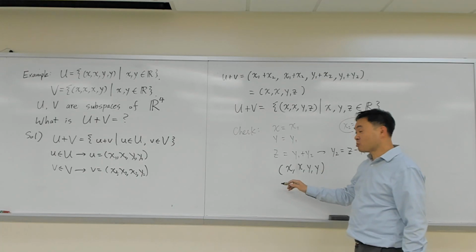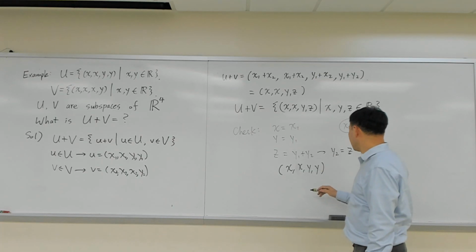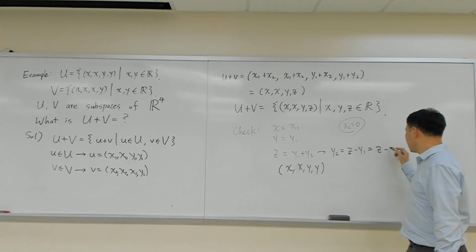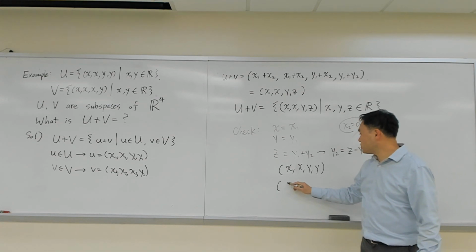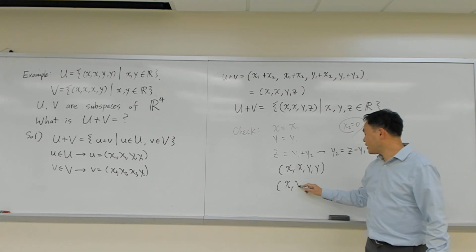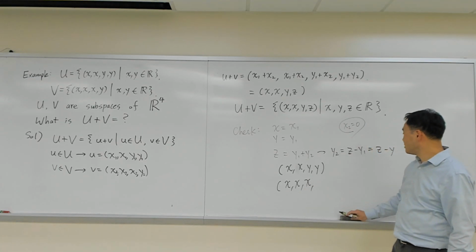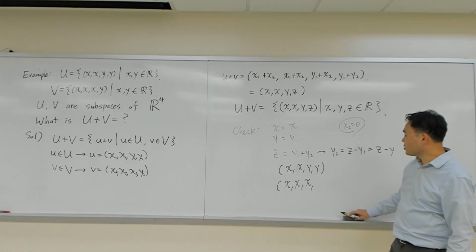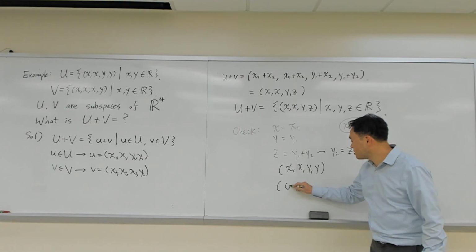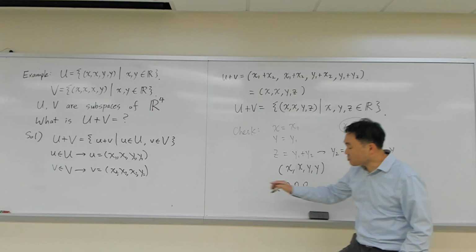And then the other guy would be, oh no, sorry, this should be (0, 0, 0, z minus y), because I'm setting x2 as 0.